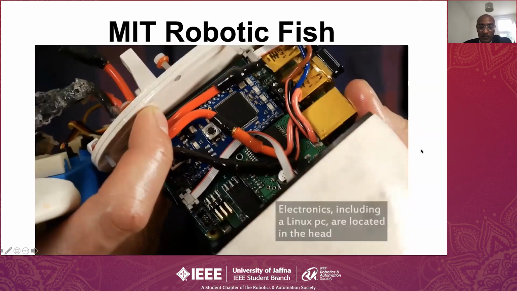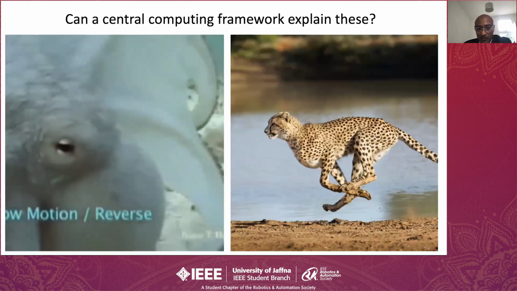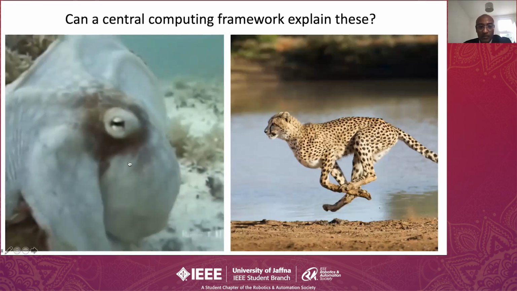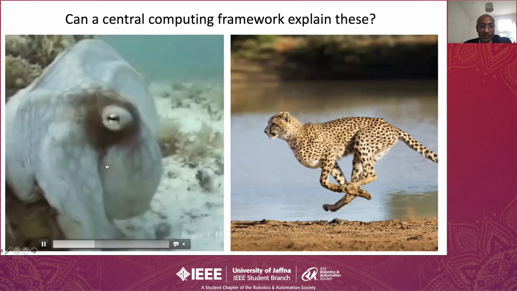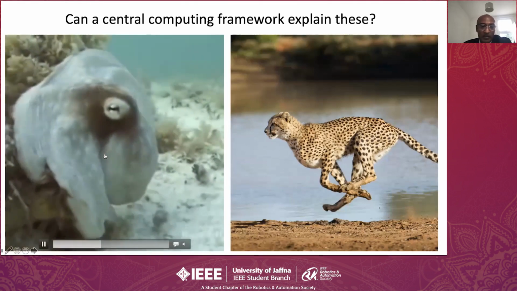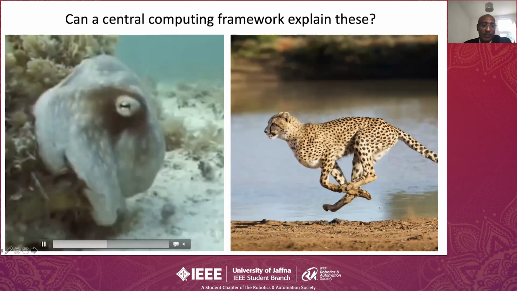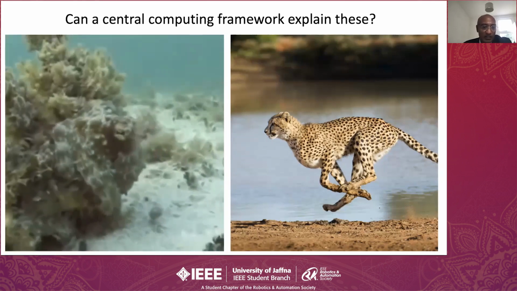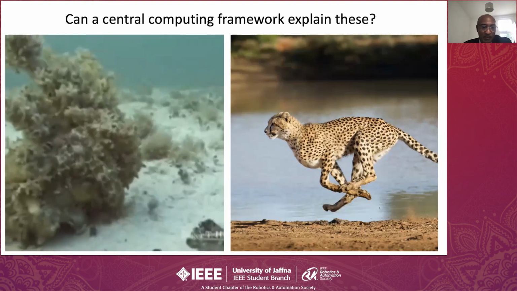So my real scientific focus is to understand how the embodiment of a soft robot or soft bioinspiration solves very complicated problems, right? So this octopus camouflages into a seaweed within a few seconds.